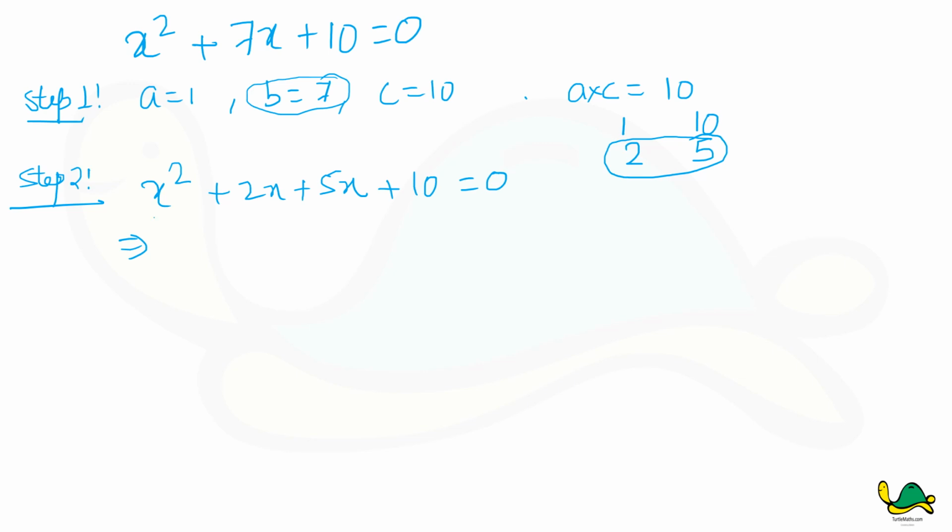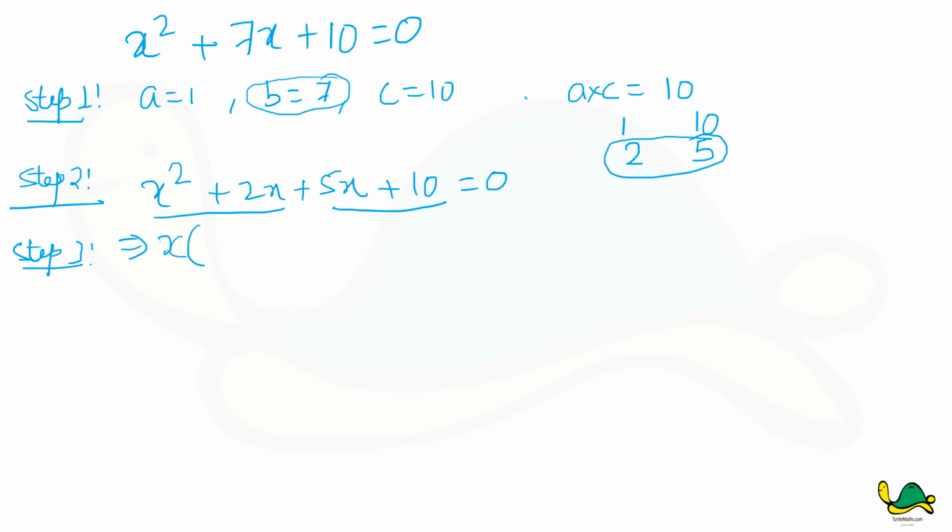Now let's create our binomials. So step 3 is the factorizing step. Here, what term can I take common between x square and 2x? In other words, what term can divide both x square and 2x? The answer is x.